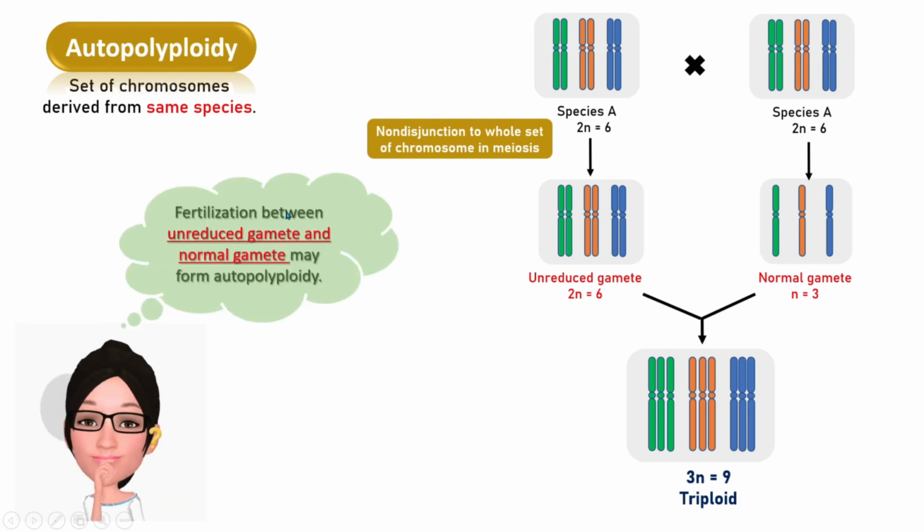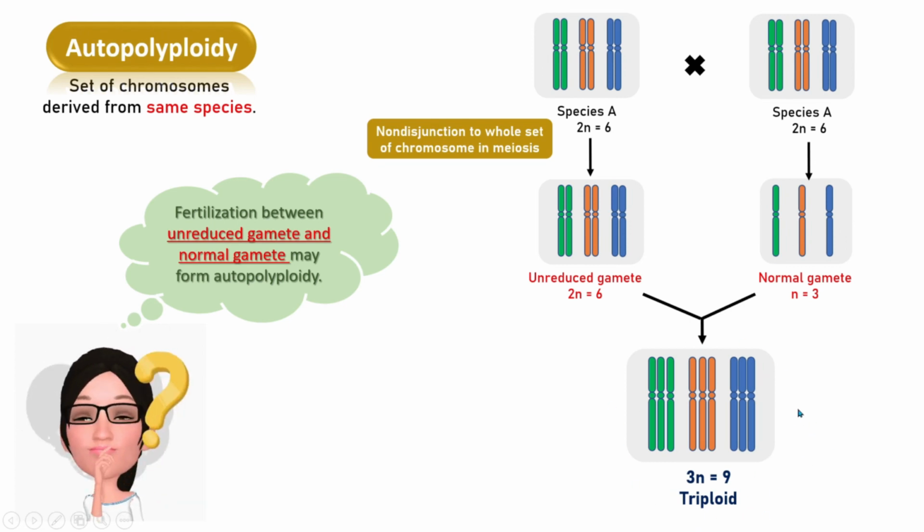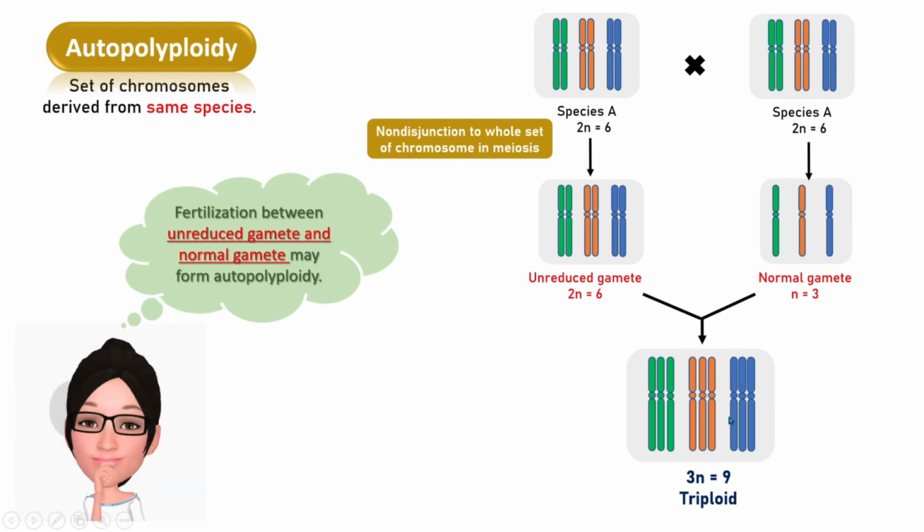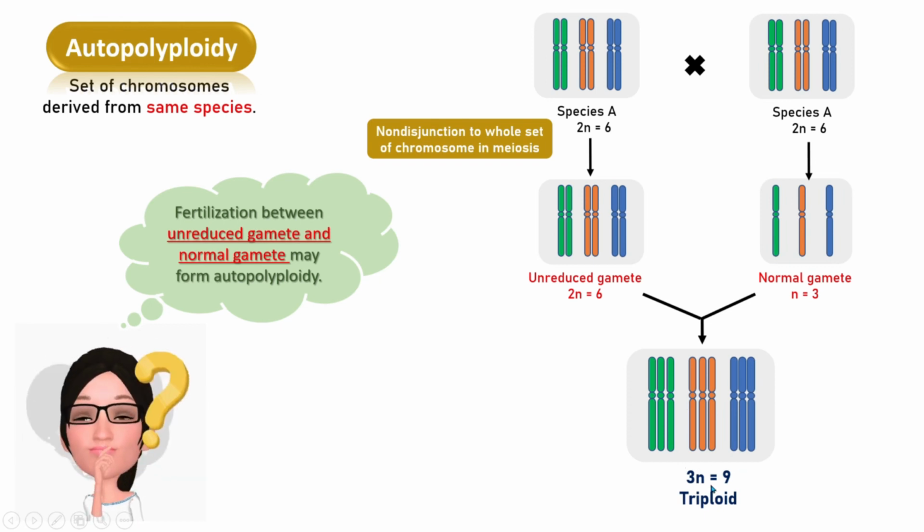As a conclusion, fertilization between an unreduced gamete and a normal gamete may form Autopolyploidy, a condition where a cell or organism has more than 2 sets of chromosomes.